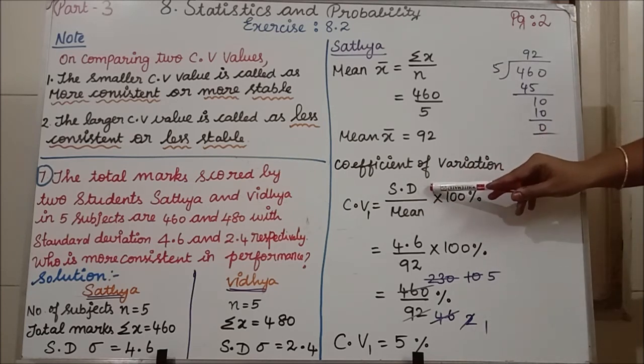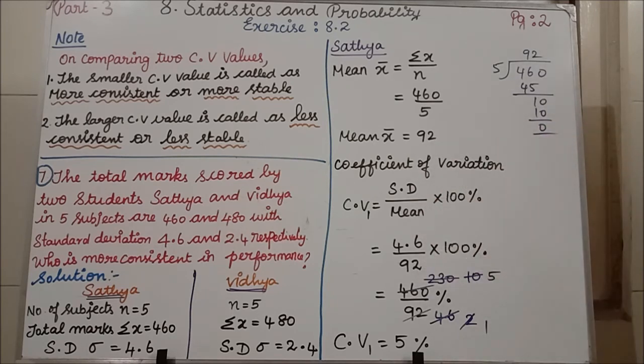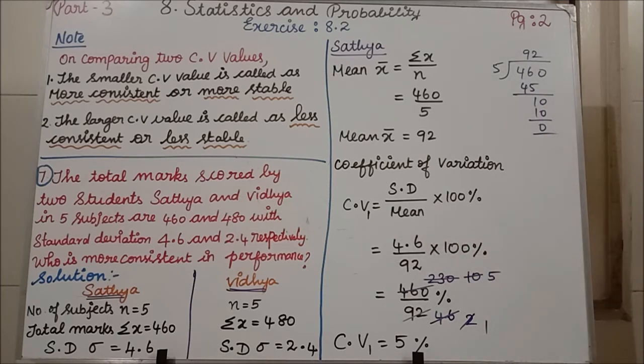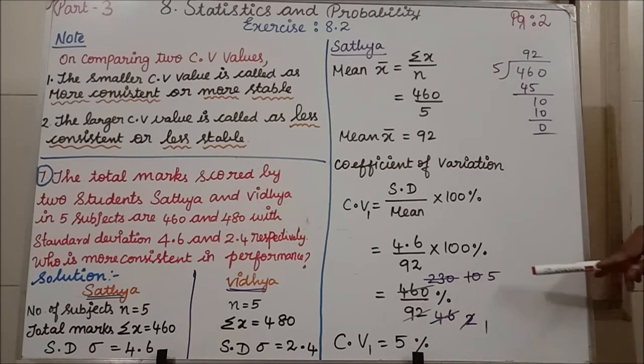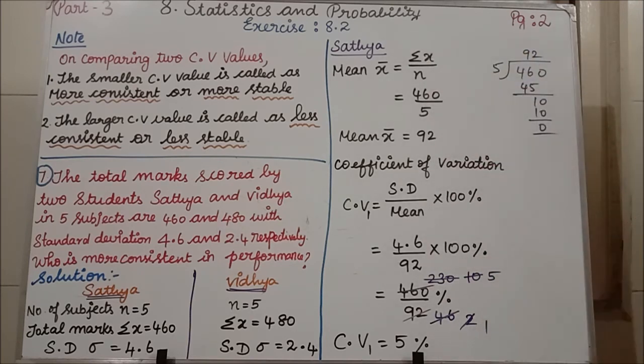Standard deviation for Satya is 4.6. Mean value we have calculated is 92, into 100%. So 4.6 multiplied by 100 gives 460 divided by 92. After cancelling, I am getting numerator 5 and denominator 1. So for Satya, the coefficient of variation is 5%.